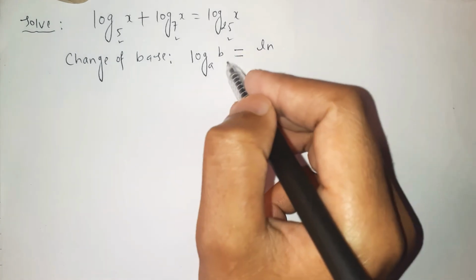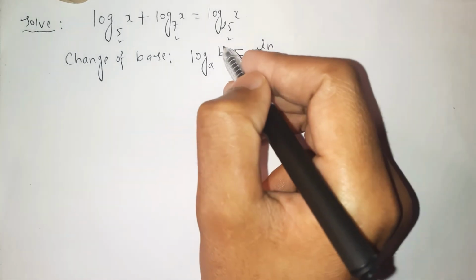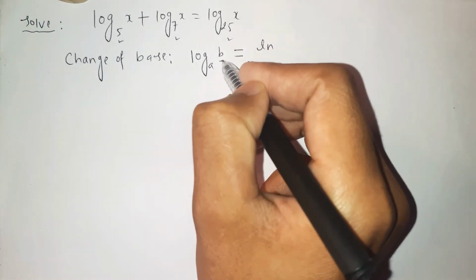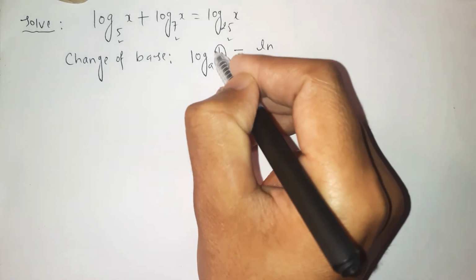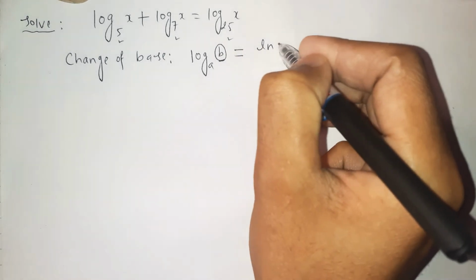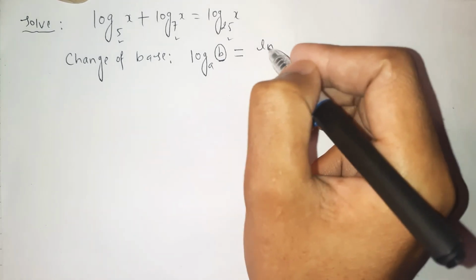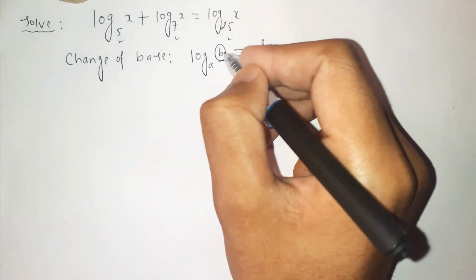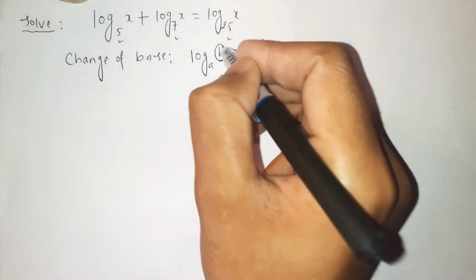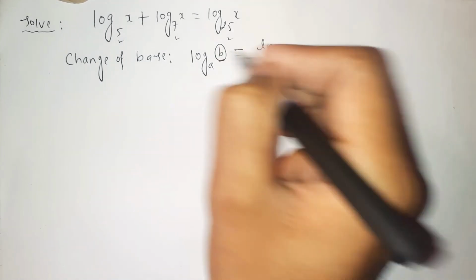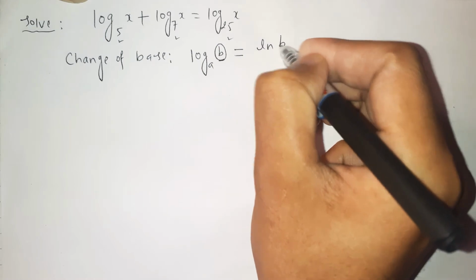Here the writing format is, first of all, ln of this argument. The argument number is b. So first of all, in the numerator we have to take the log, of any base as our wish, of the argument. Here the argument is b, so ln of b.